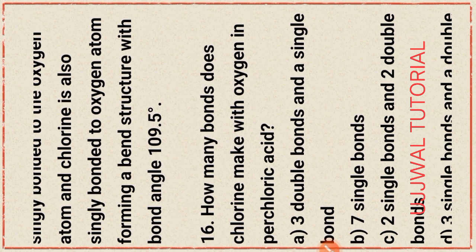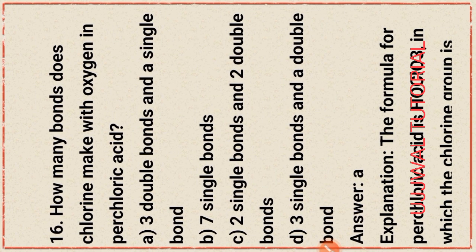Okay, next question, question number 16. How many bonds does chlorine make with oxygen in perchloric acid? Option A, that is 3 double bonds and a single bond.